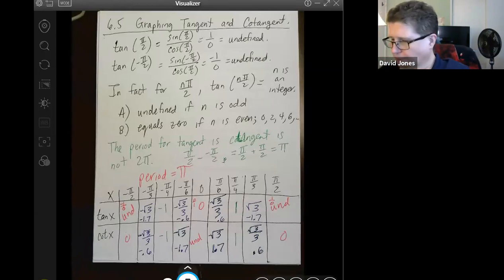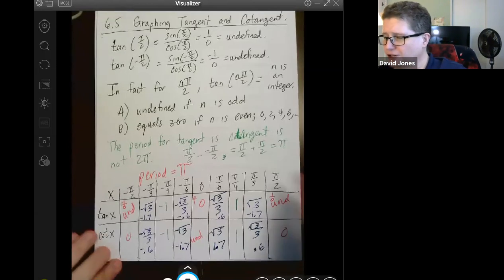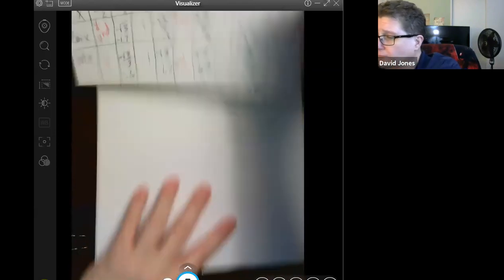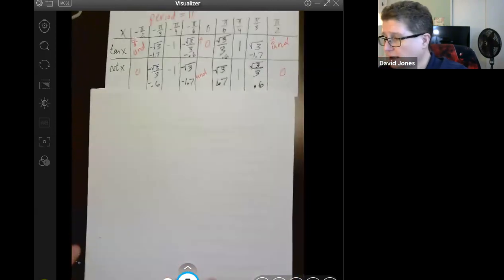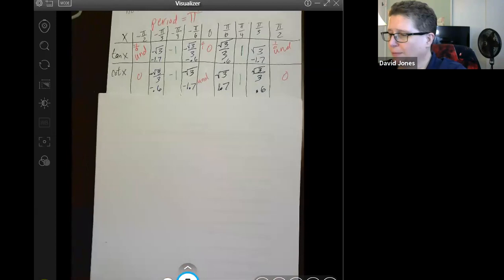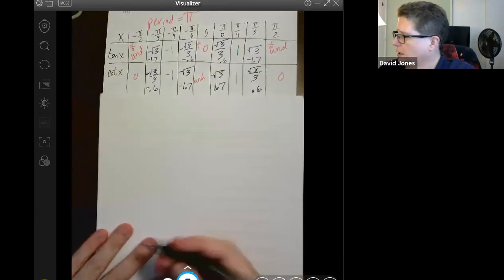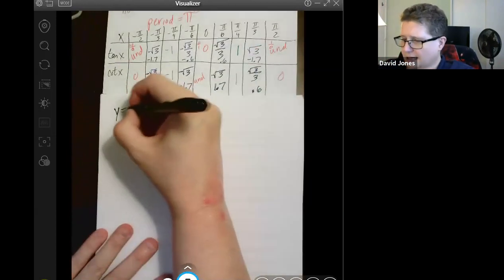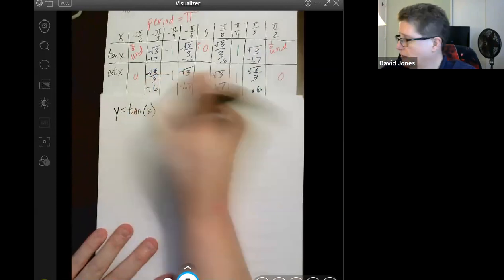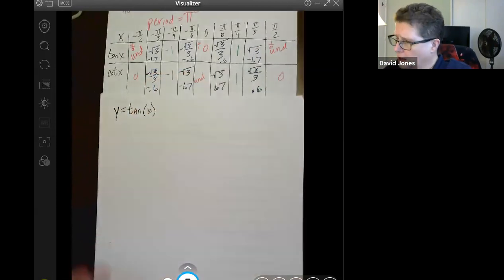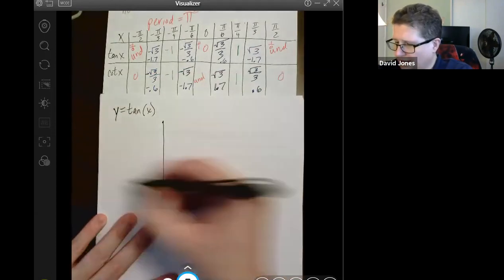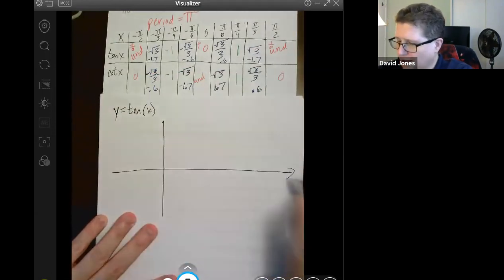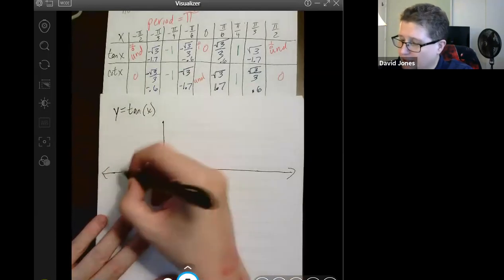Okay. Let's take a look at tangent first. I'm going to leave this sitting up there where we can see it, because that way we're not having to flip back the previous page if you got it that way. So let's do y equals tangent x. We just got done saying that negative pi over 2 and pi over 2 are asymptotes, or are undefined.